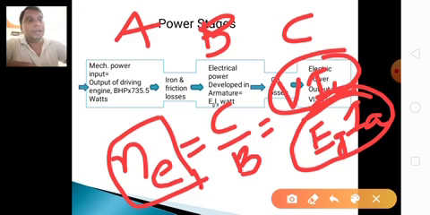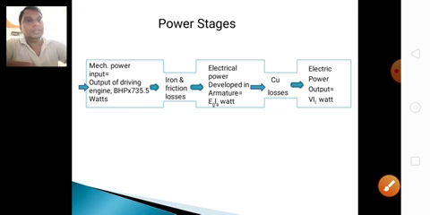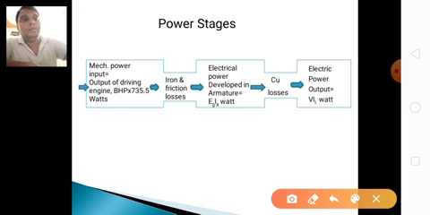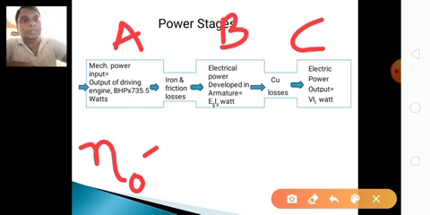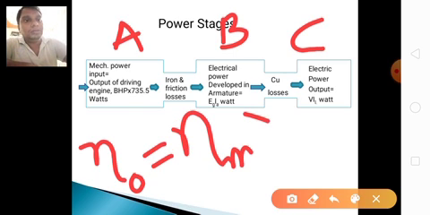We need to calculate the overall efficiency, right? See here, suppose it is A, B and C. The overall efficiency is equal to mechanical efficiency into electrical efficiency.